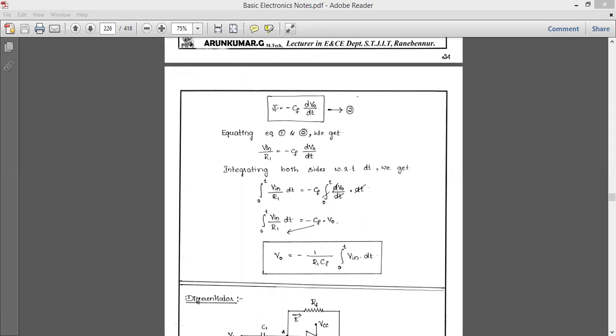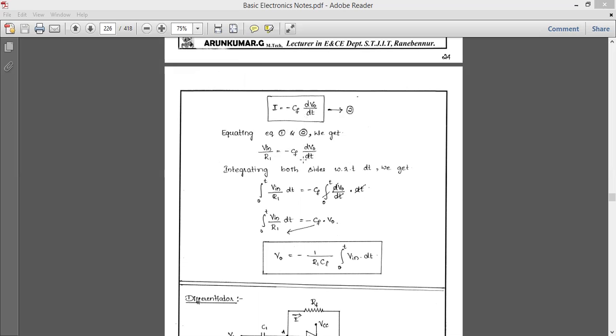Therefore, I is equal to minus Cf d by dt of V naught. That is equation number 2. So let us equate equation 1 and equation 2. Equation 1 is Vin divided by R1 is equal to, equation 2, minus Cf d by dt of V naught.